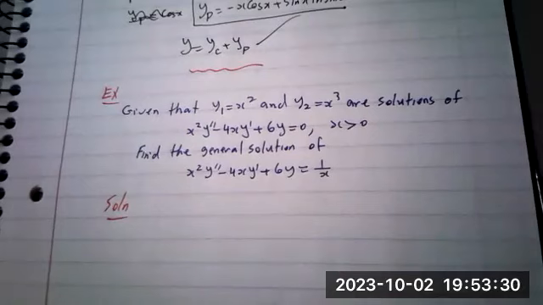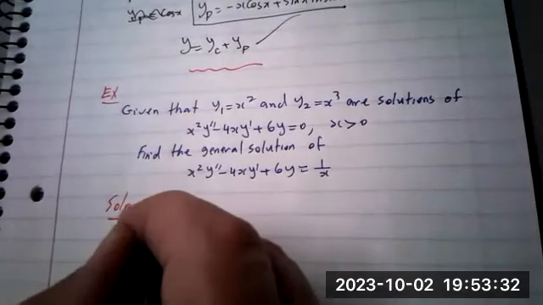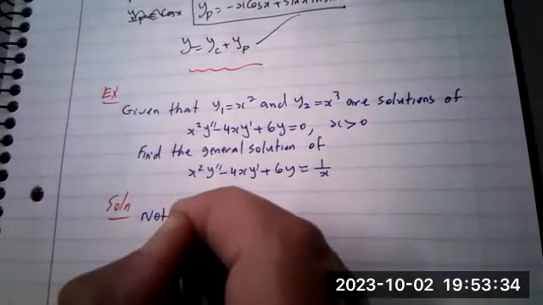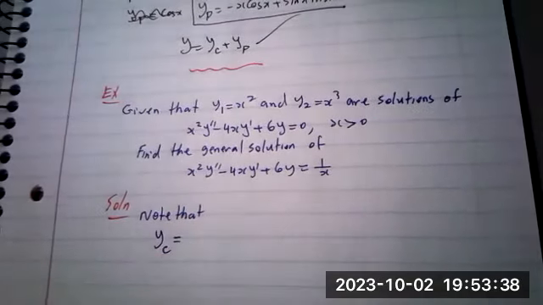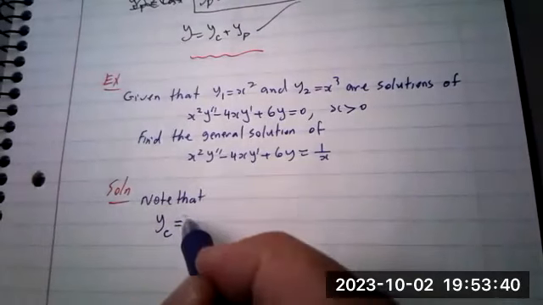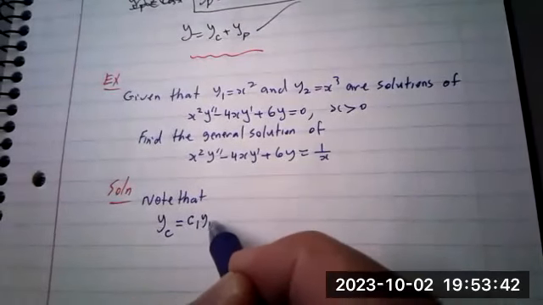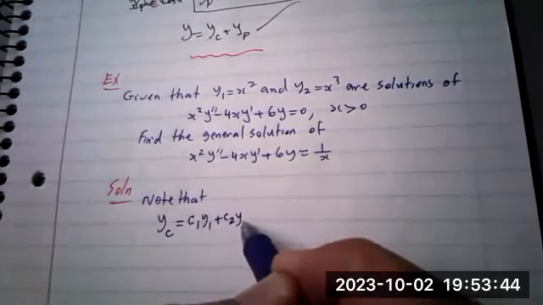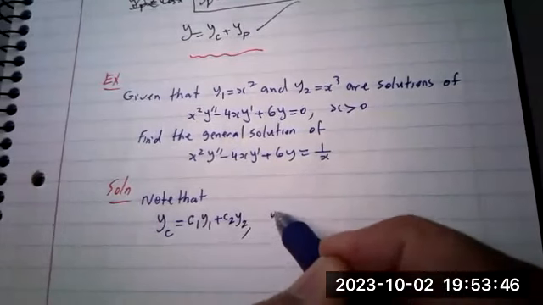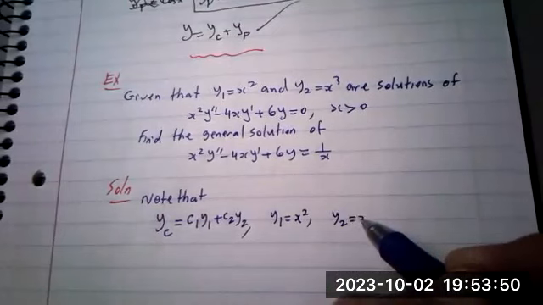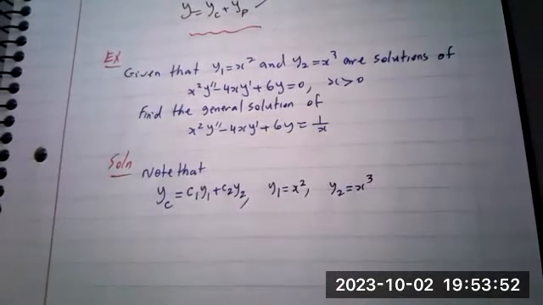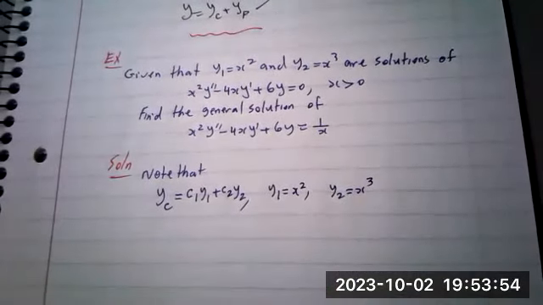So you just note that yc is equal to c1 y1 plus c2 y2 with the given information, y1 x squared, y2 x cubed. So you already got the yc because it's already given to you.